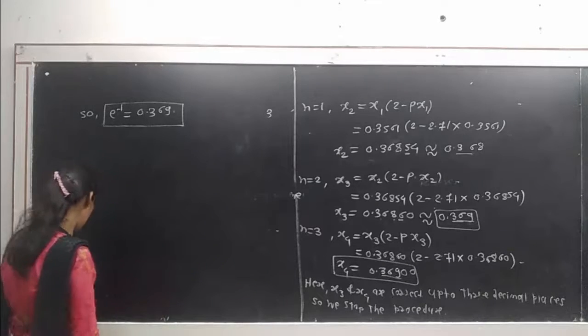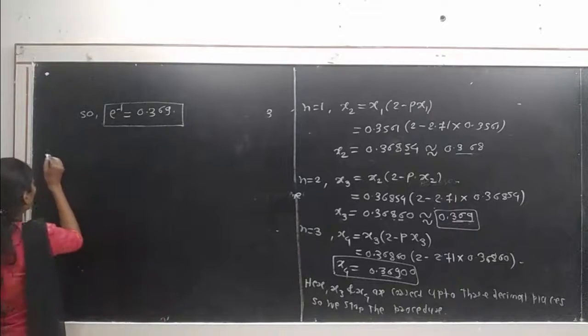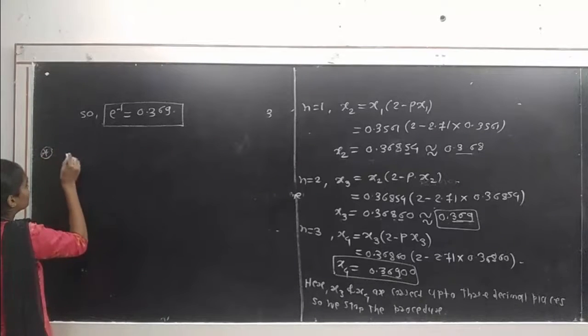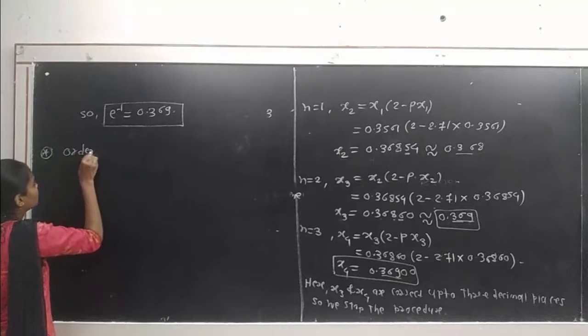So first we see the definition of order of convergence or the rate of convergence.